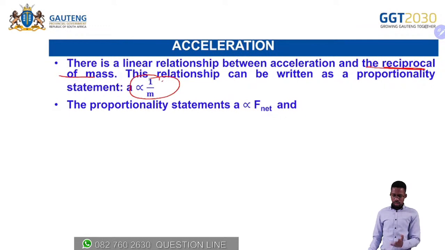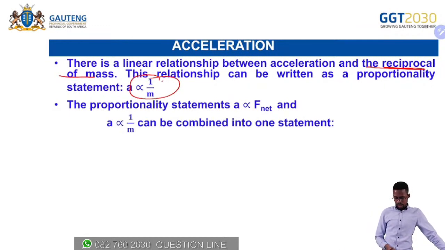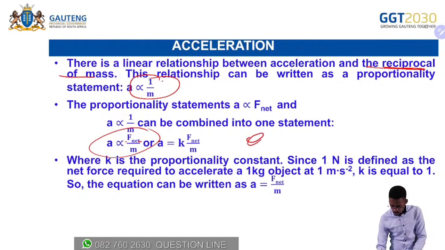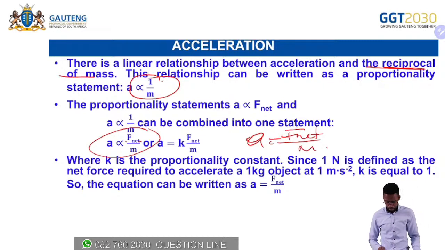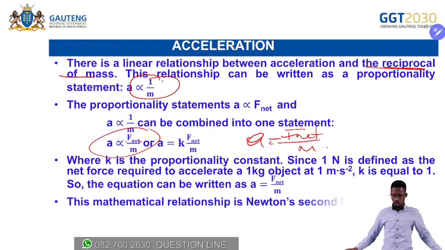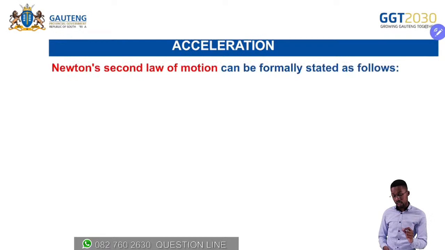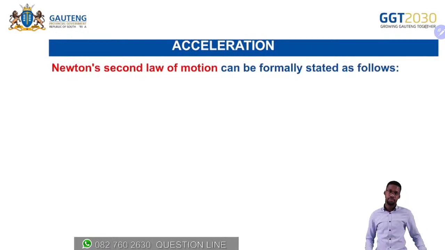If you combine both of these statements, then you will see that acceleration is given by this expression. Acceleration is directly proportional to F net and inversely proportional to mass. So you'll have acceleration is equal to F net divided by mass. Let's move on. Now it gives us the mathematical expression of Newton's laws.